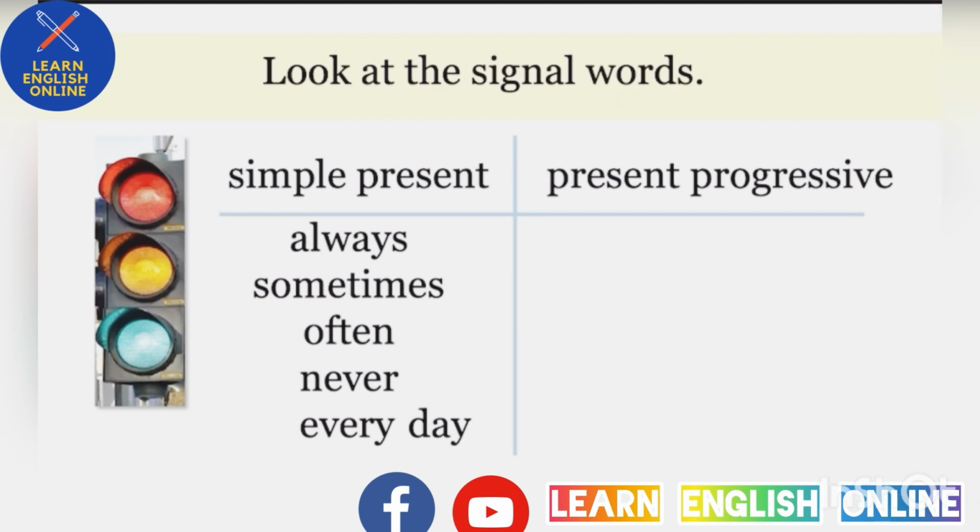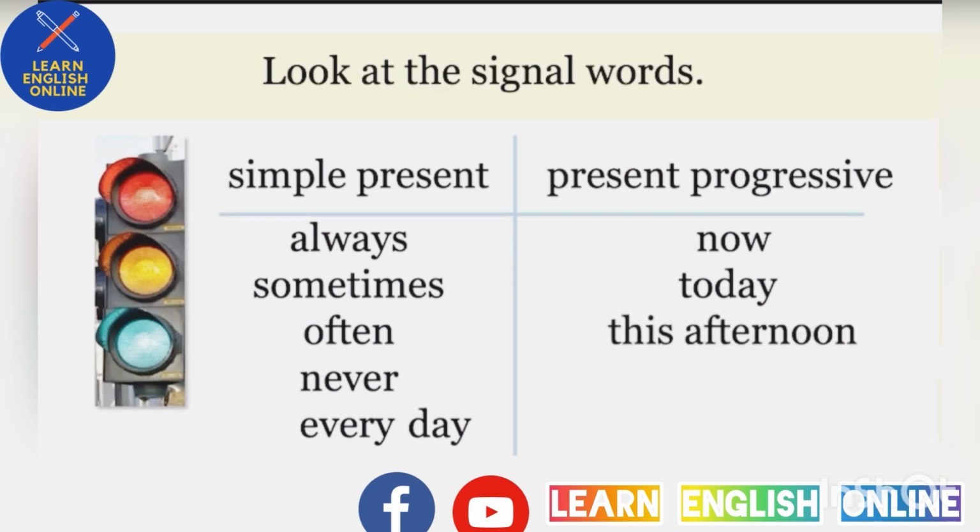And this tells us that something happens again and again, and that's our use for simple present. On the present progressive side, of course, we have the word now. But we can also use the word today to mean now, and we use the word this: this afternoon, this week, this month. This shows us that it is happening now.